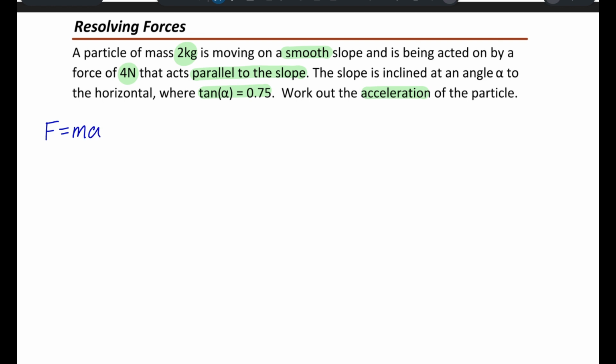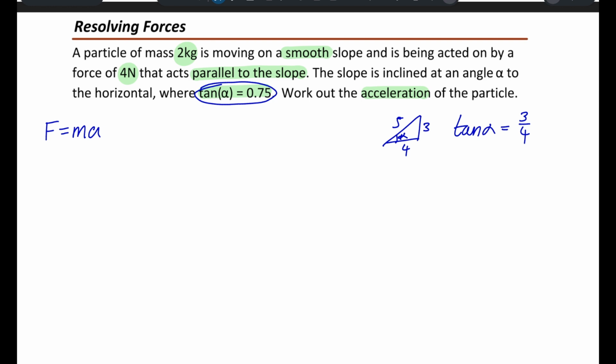Now, a really key thing to remember with these types of questions is this is useful. If you've been told that tan alpha equals 0.75 or 3 over 4, we can actually draw that triangle out, and it's going to look like this. If that's alpha, opposite over adjacent means that that's 3 and that's 4. This is a Pythagorean triple, and the hypotenuse here is going to be 5.